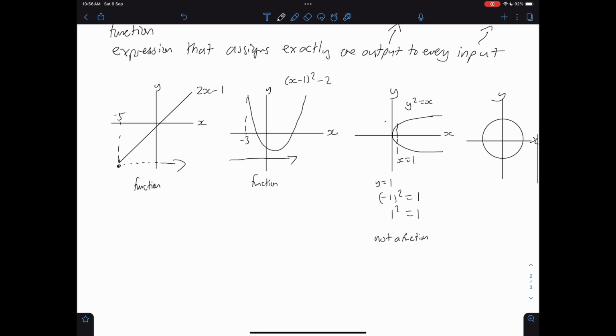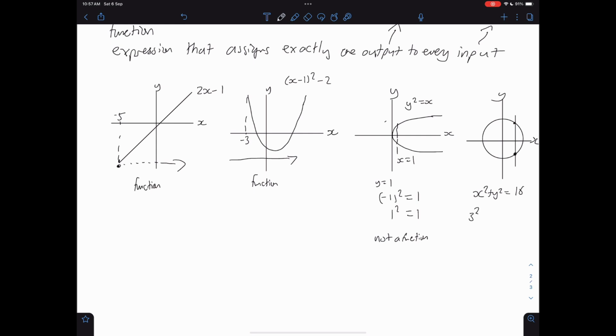Then for this last one, we have a circle on the graph, and let's say it's x squared plus y squared equals 16. And at this point, say x equals 3.